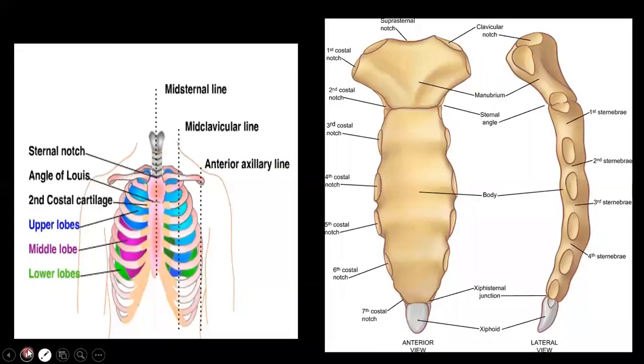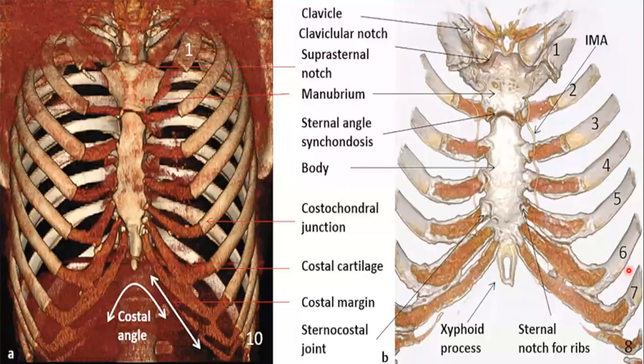So you need to remember that in the lateral borders, on each side of its upper lateral border, the upper lateral part of the xiphoid process, there is a demifacet which articulates with the inferior end of the seventh costal cartilage.